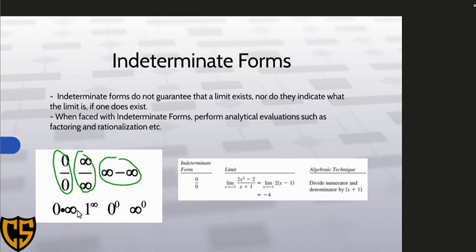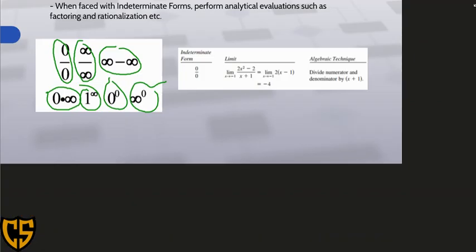Next, 0 multiplied sa infinity. So, hindi pwede. 1 raised to infinity cannot be. So, hindi pwede. Indeterminate ni. 0 raised to 0 will be indeterminate also. And infinity raised to 0 will be indeterminate. So, take note of that functions or that mga indeterminate forms of numbers.